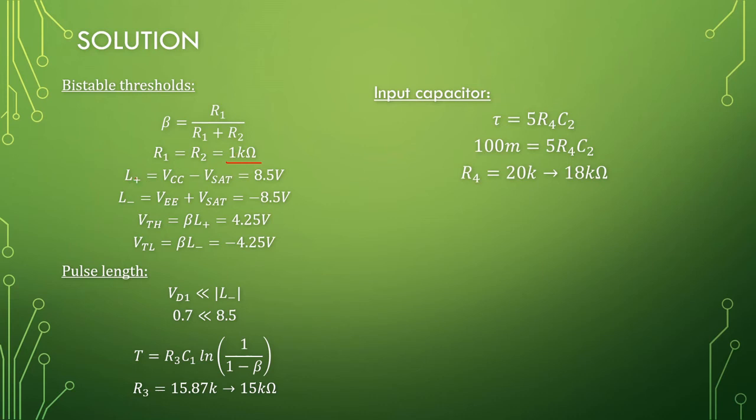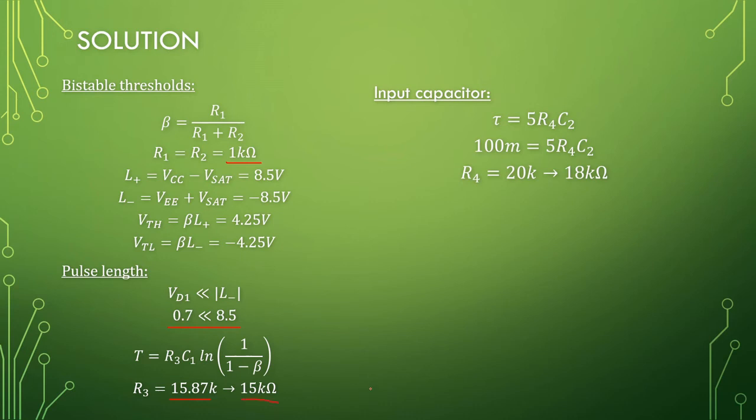Okay, positive and negative limit is 8.5 volts, and our triggering points is at 4.25 volts each. Looking at our limit, 8.5 is more than 10 times larger than 0.7. So we can use our approximation and we get 15.87 kilo ohms.